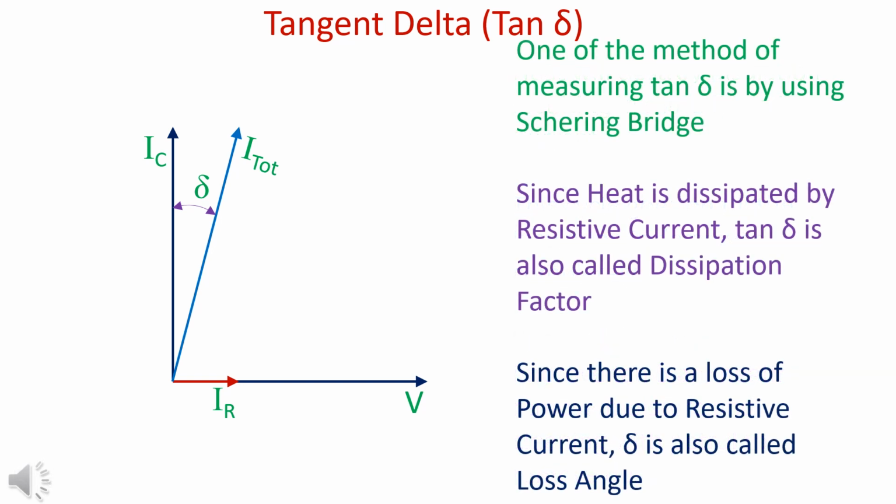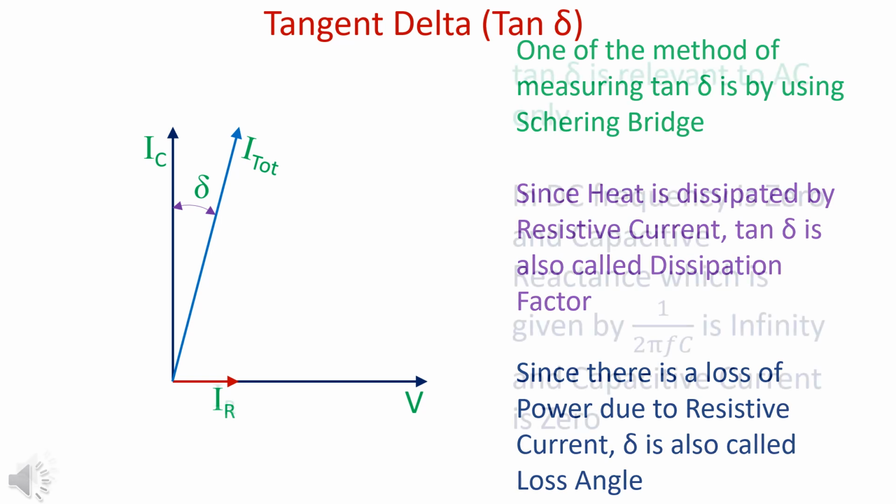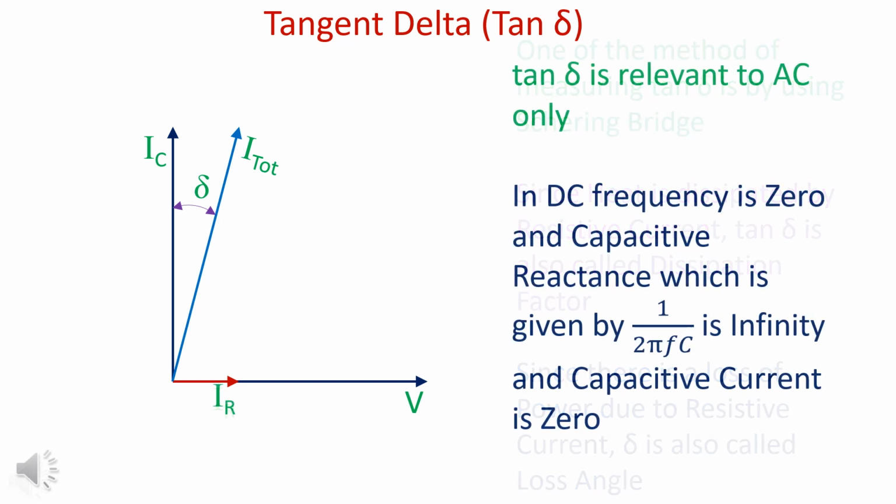Normally, Schering bridge is used to measure tan delta. Tan delta is also called dissipation factor. Delta is also called loss angle. Tan delta is applicable for AC only, not in DC.